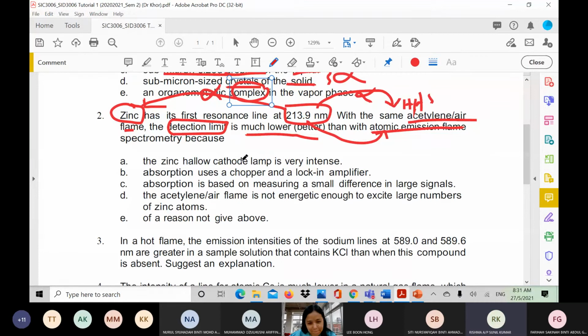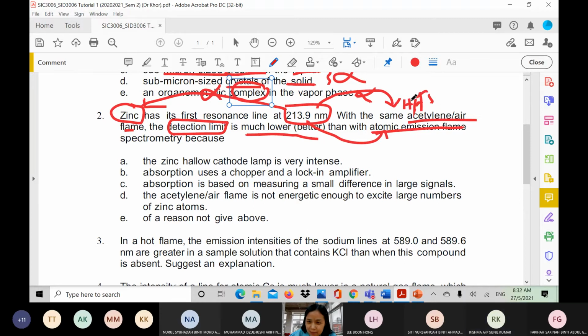So why do you pick A? If the hollow cathode lamp is very intense, then the sensitivity will be better. Would this apply to AAS, because we are comparing AAS, right? First, we must understand what the question asks.